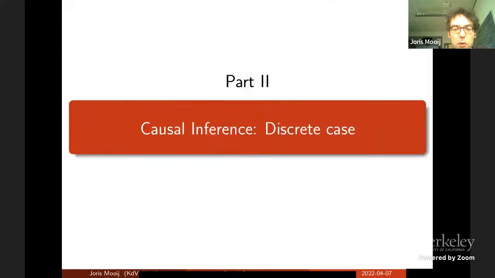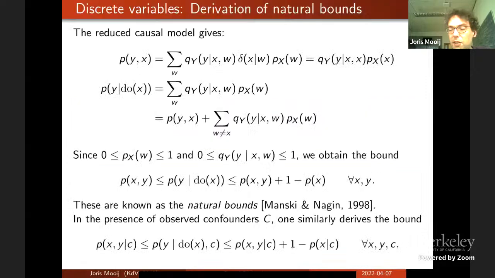Okay, let's move on to causal inference, and let's start with considering the discrete case. So the reduced causal model, if all the variables are discrete, these are the same formulas as before, but now with sums instead of integrals. If you look at the formulas, the interventional distribution of y given do x is the sum over w of a product of two factors.